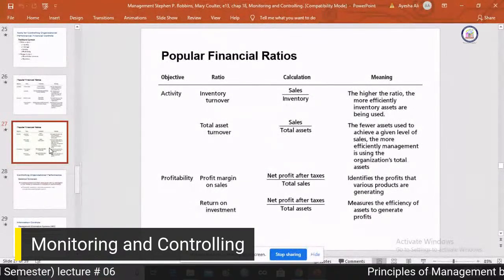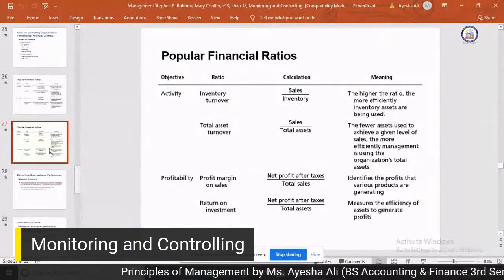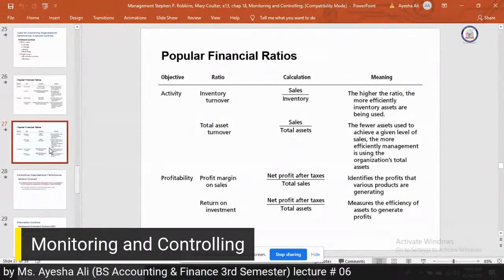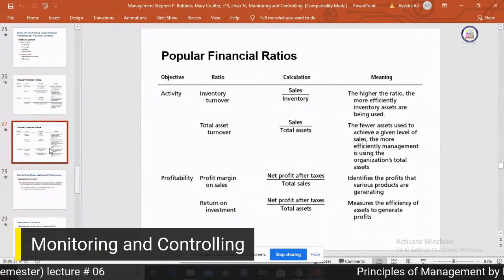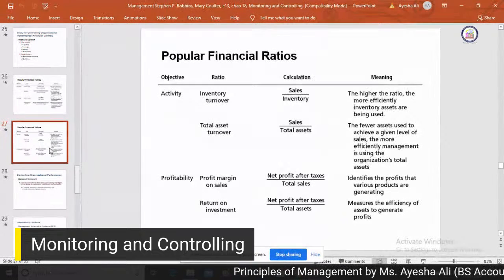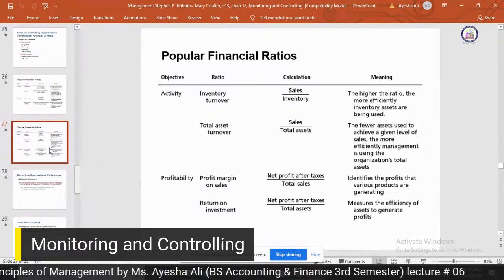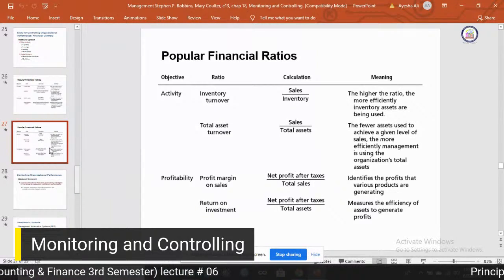Then we have profitability and profit margin on sale, in which we look at how much profit the company is making on their sale. So net profit after taxes divided by total sale, identifying the profit that various products are generating.